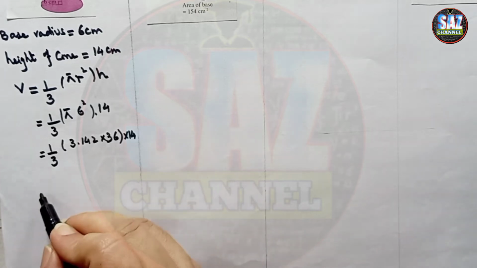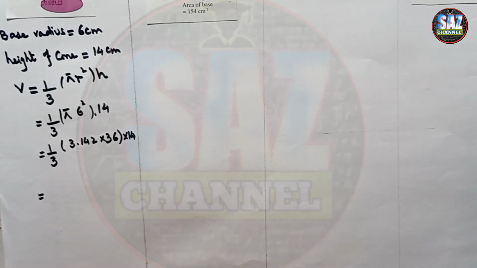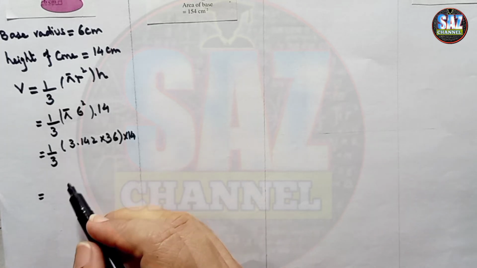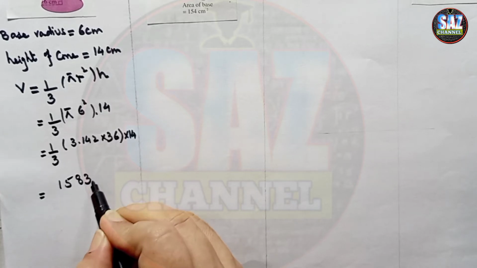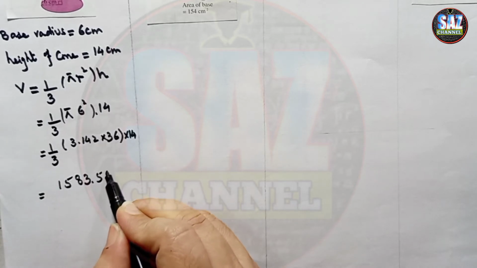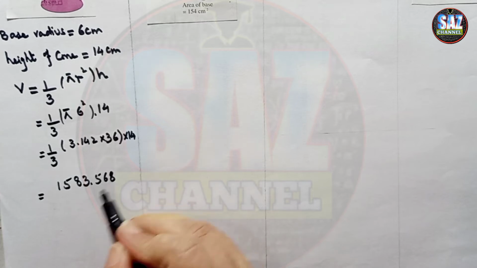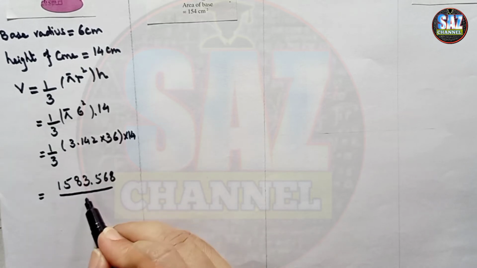Now I have to carefully multiply 3.142 multiplied by 36 and multiplied by 14, and this gives me 1583.568, and I have to divide this value by 3.